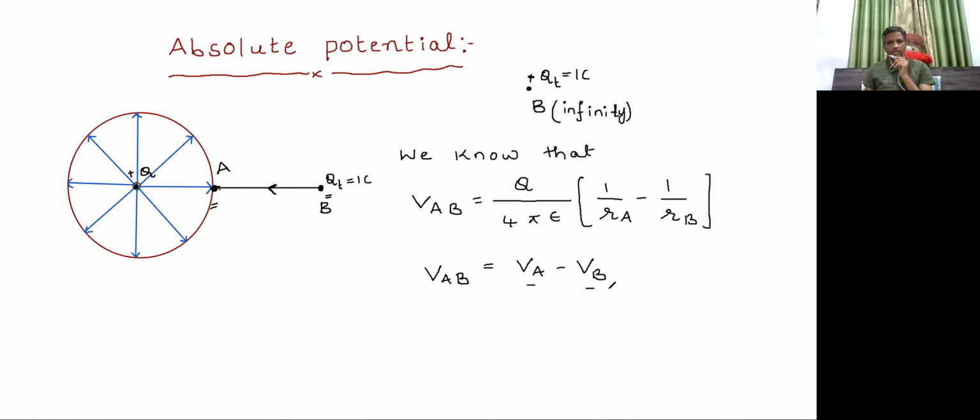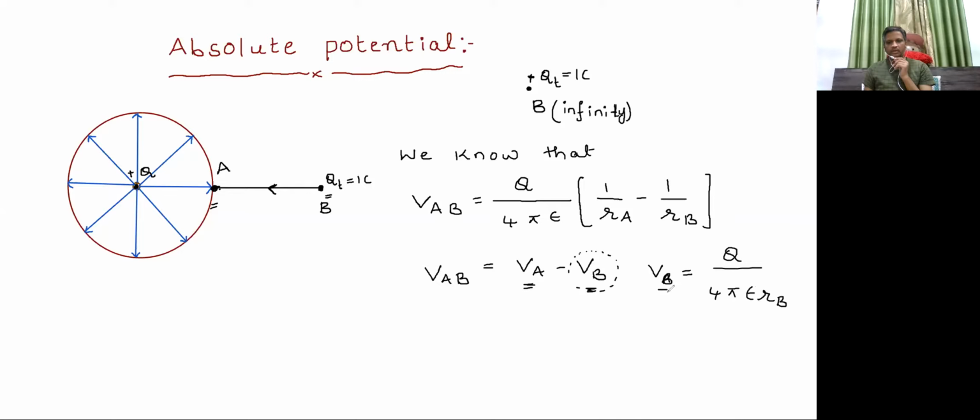Now the point is, we cannot make this VA become 0 because VAB will become minus VB if VA is made 0. So the option that we have left is that VB should be made 0, and this is only possible. How can we make this VB 0? From the expression, it is clear that VB is Q by 4 pi epsilon RB.